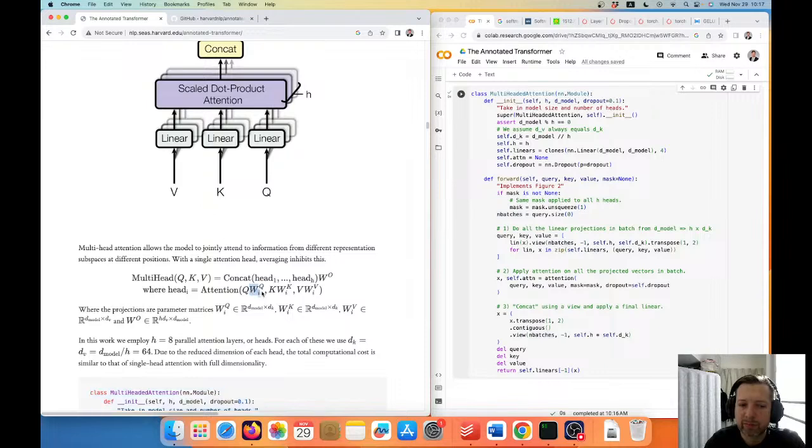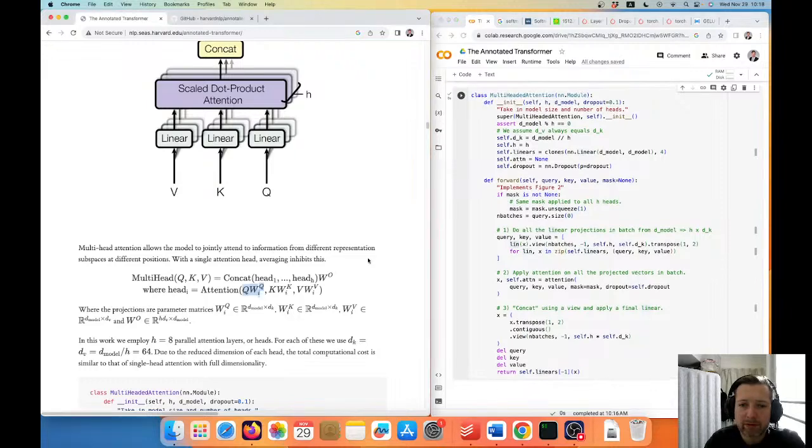Maybe this is just this bit, I guess. Query, key, value, lin dot view and batches. What's this lin?